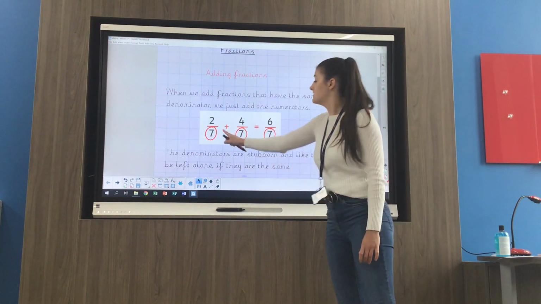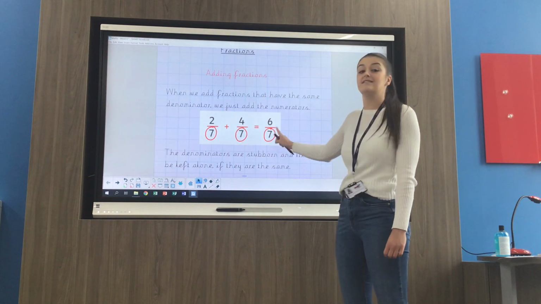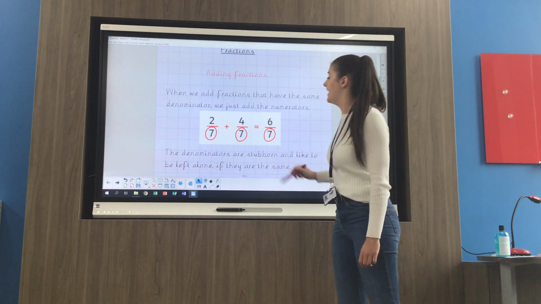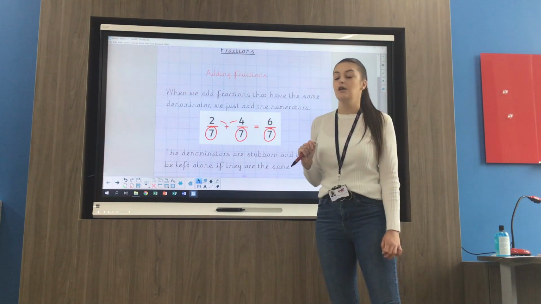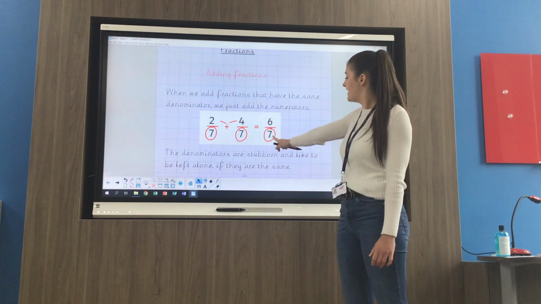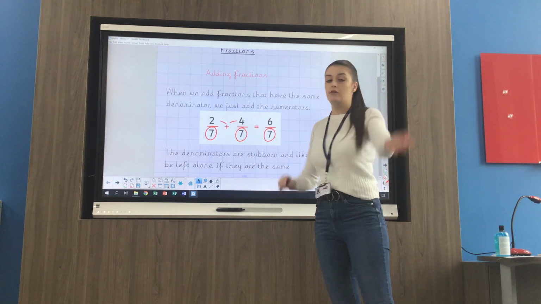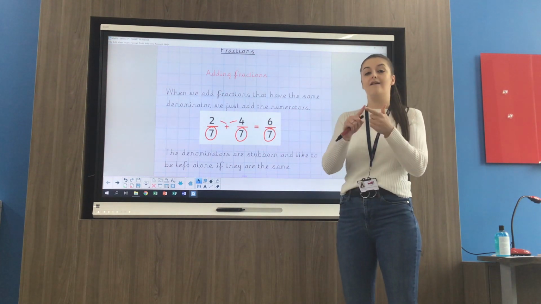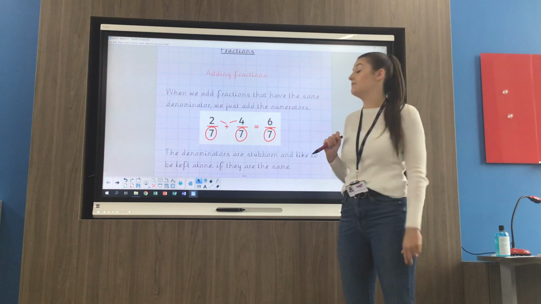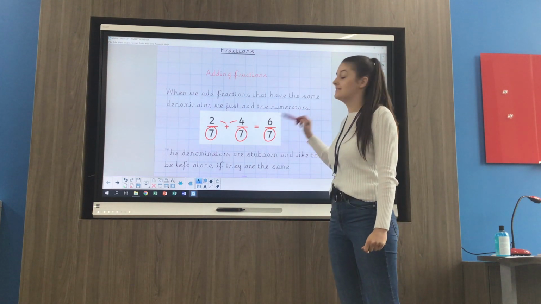So if your denominators are the same, it remains the same. So we just then need to add our two numerators together. So if you have a look here, I've got the same denominator and I've put 2 in my head and added 4. 2, 3, 4, 5, 6. So my answer is 6 sevenths.